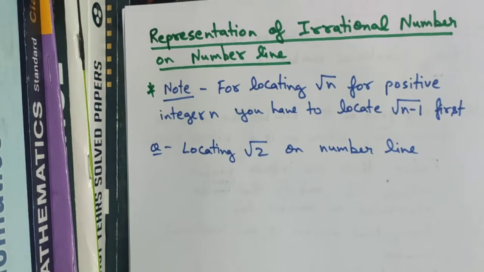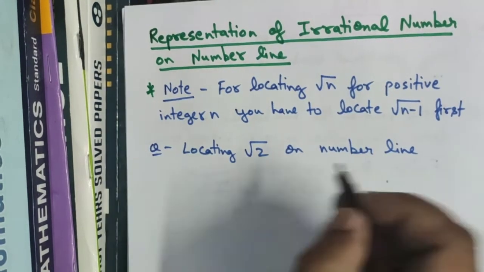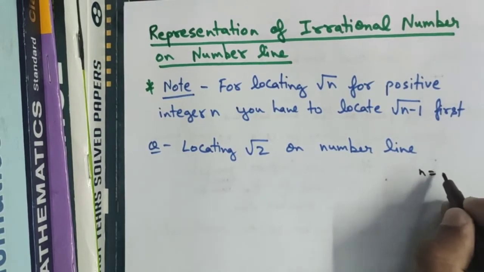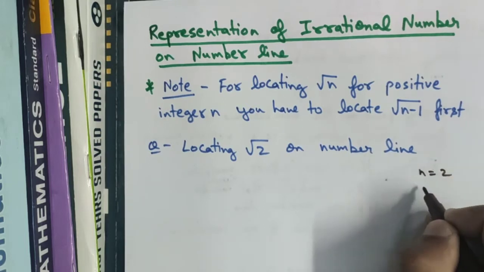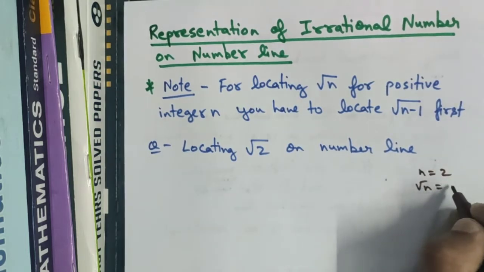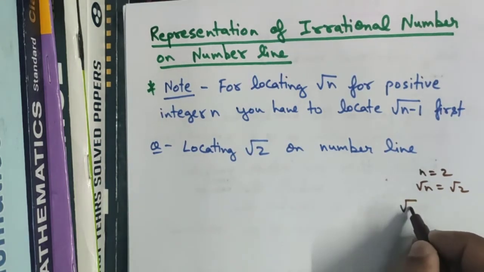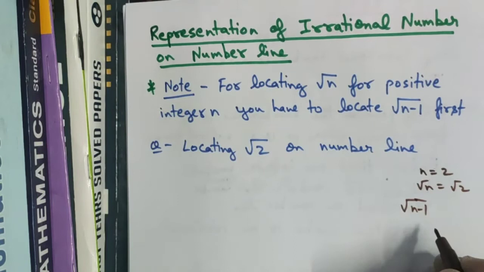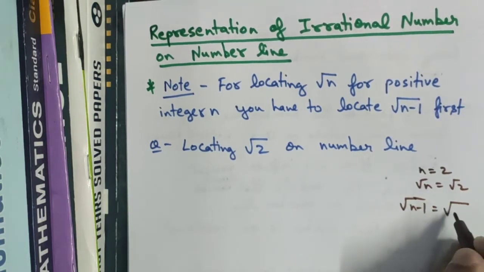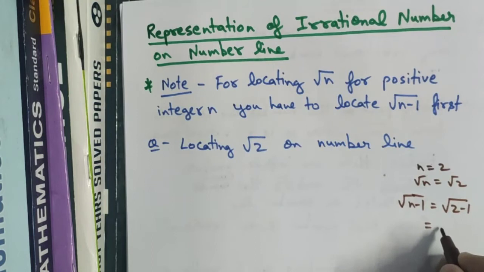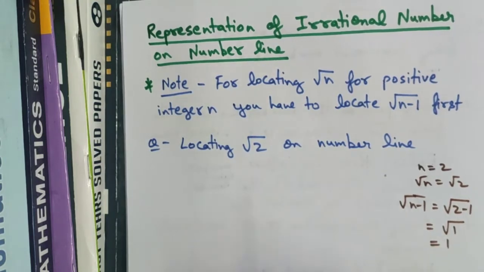So first step is that for locating root 2 on the number line, the value of n is what? Here the value of n is equal to 2, because root n is root 2. So first of all we have to locate root of n minus 1, that is root of 2 minus 1, that is root of 1, that is equal to 1.